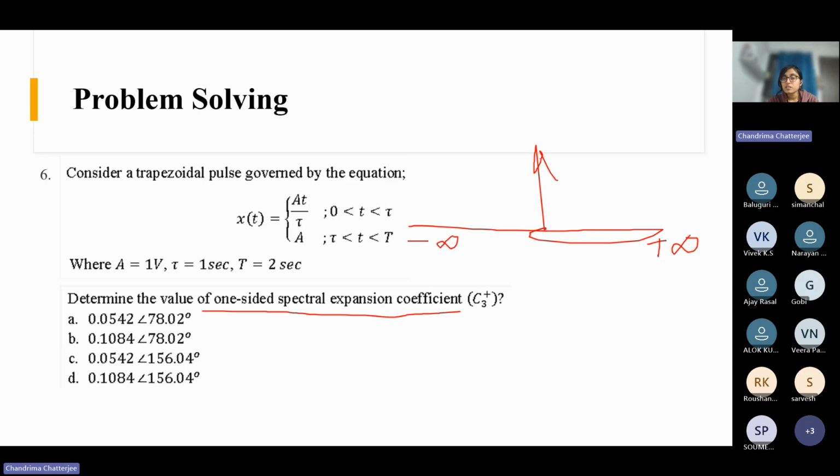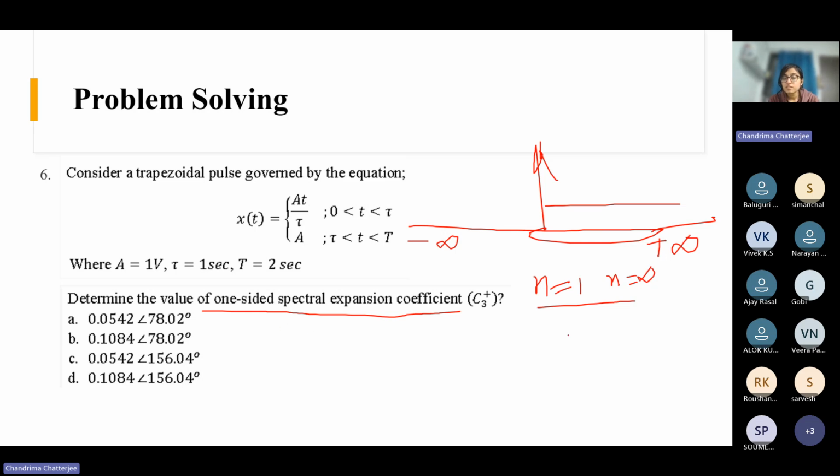We can simply represent it in the positive half, so from n equal to 1 to n equal to infinity. That's why it is called one-sided. You can simply represent a signal by shifting it to only one side of the spectrum. So that's why this is the one-sided spectrum.